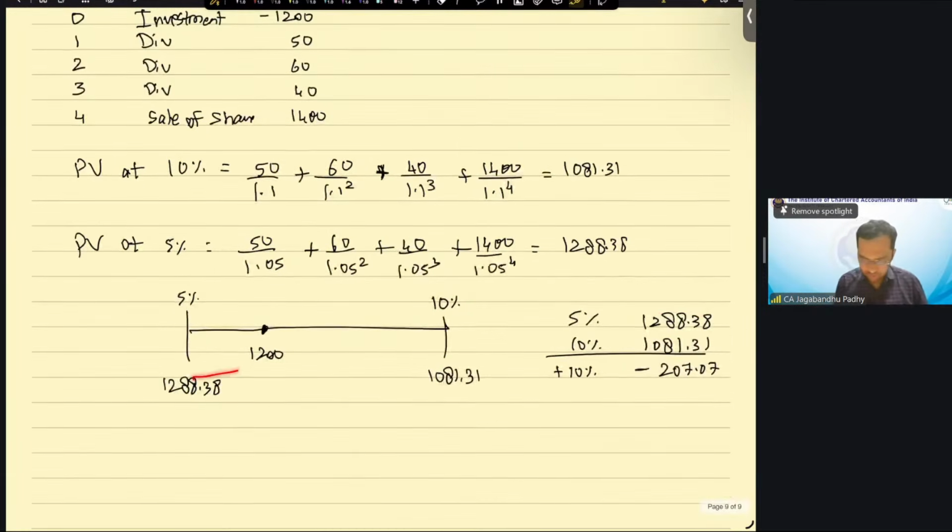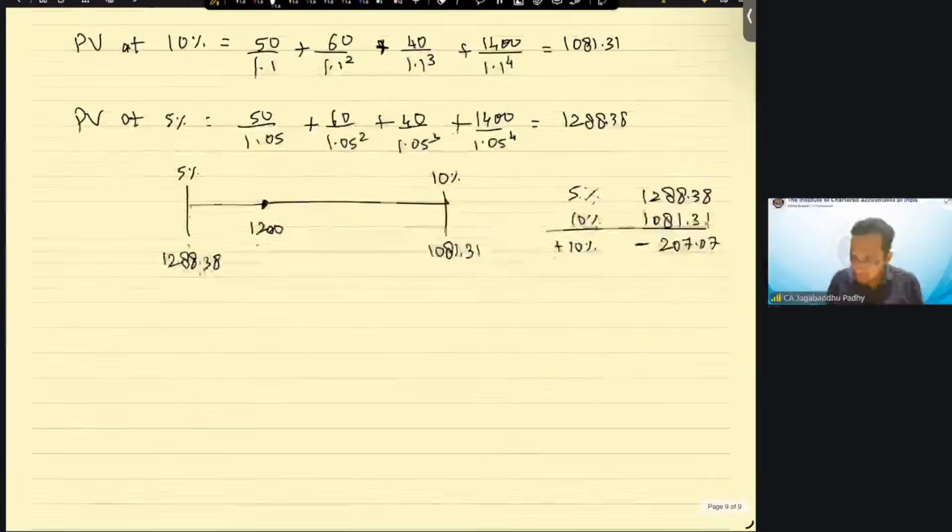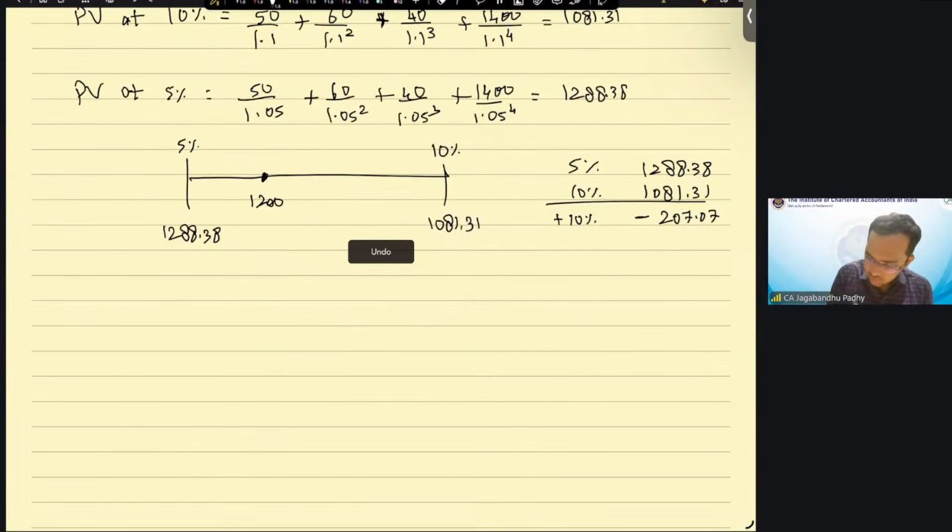We wanted to reduce it just by 88.38. So for a reduction of 88.38, what should be the percentage change? This is a 5% change. So what should the percentage change be for this? 88.38 into 5 divided by 207.07, 2.13%.